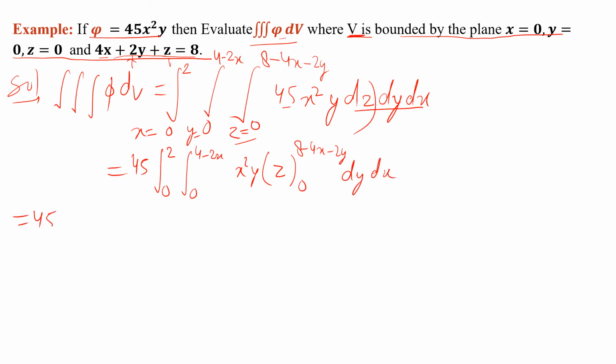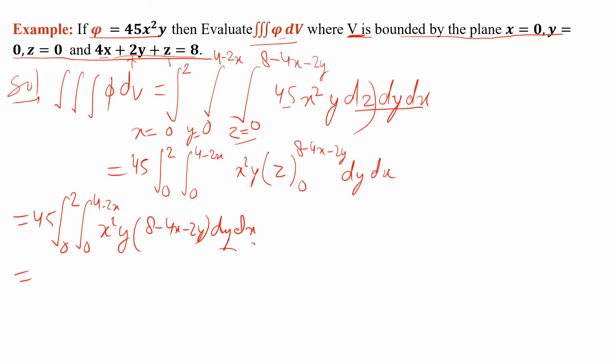Now when we put the limit, we get the integration 0 to 2, 0 to 4 minus 2x, x²y (8 minus 4x minus 2y) dy dx, and when we put the limit 0, we get 0. Now take the integration, first you can multiply the term inside this, and then integrate with respect to y, then with respect to x.